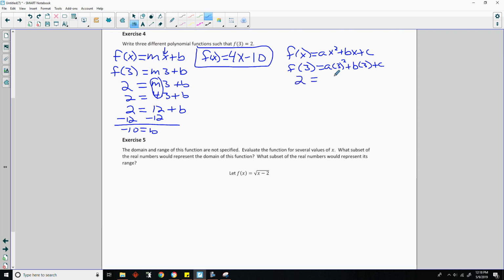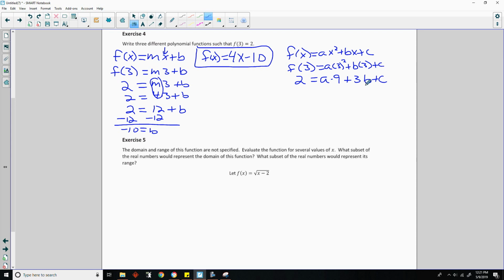So we have f of 3 equals a times 3 squared, and I'm just going to write it in order for now. That's a times 9 plus b times 3, or 3b, plus c.